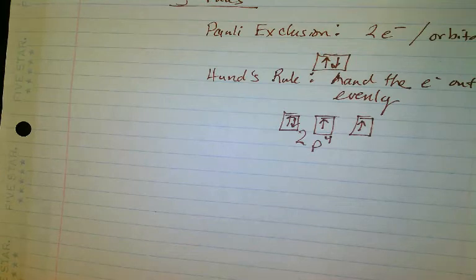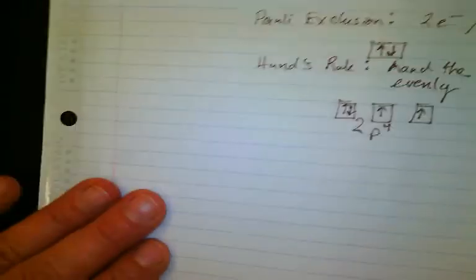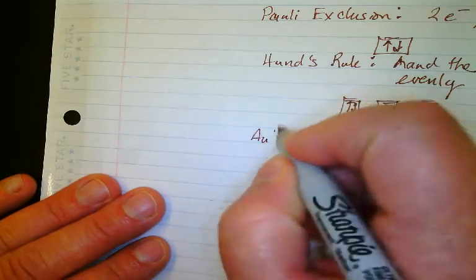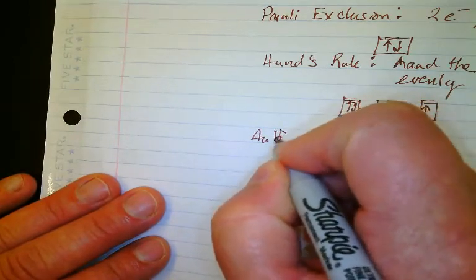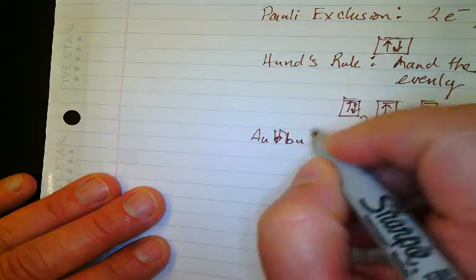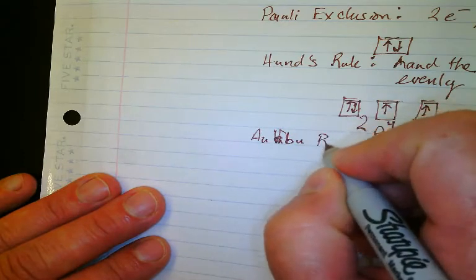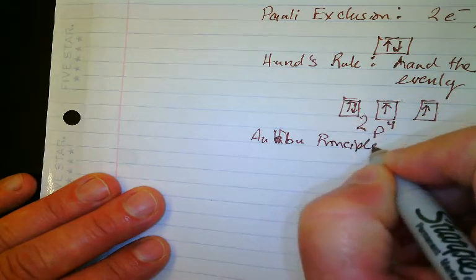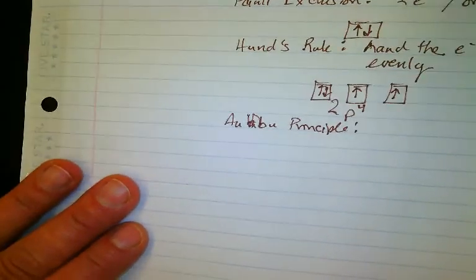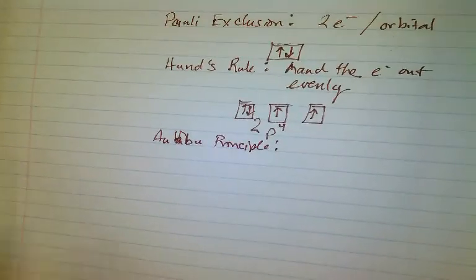The Aufbau principle? Yeah, the Aufbau principle. Thank you. And I spelled it wrong. What does that say, Luke? That says one electron is going to be spinning to the right, the other electron is going to be spinning to the left.